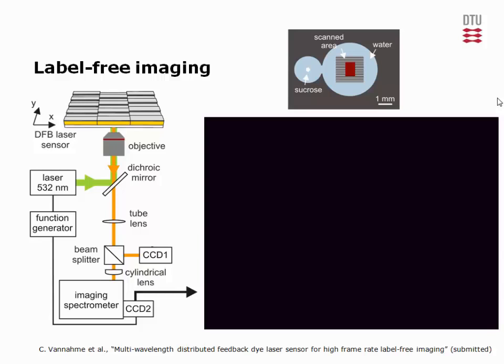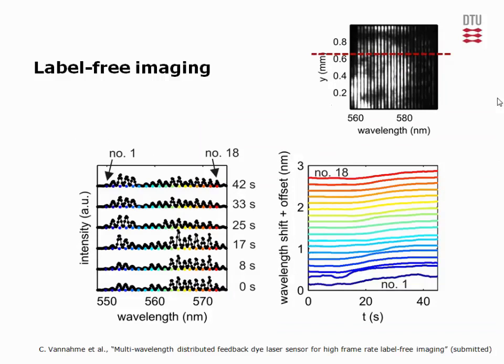But if you look at this in closer detail, for example, here this is the same image and we're looking at a cross-section here, then the spectrum you get is a lot of peaks, and we can identify the center wavelengths of these peaks with these colored spots. And then if you plot how these peaks change with time, then you can see that you have a redshift here, which means you have an increasing concentration of, in this case, sugar molecules.